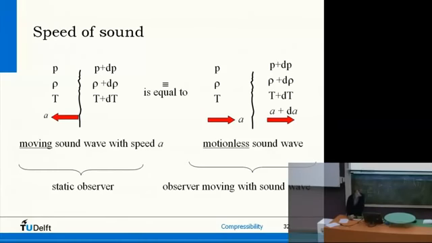We can also imagine that instead of sitting here while the sound wave travels through the room, we're the sound wave ourselves. We're on top of this thing, traveling through air, and we see flow coming at us at the speed of sound, and a certain flow flowing from us which is slightly changed, A plus dA. So this is a static observer, and this is an observer moving with the sound wave.